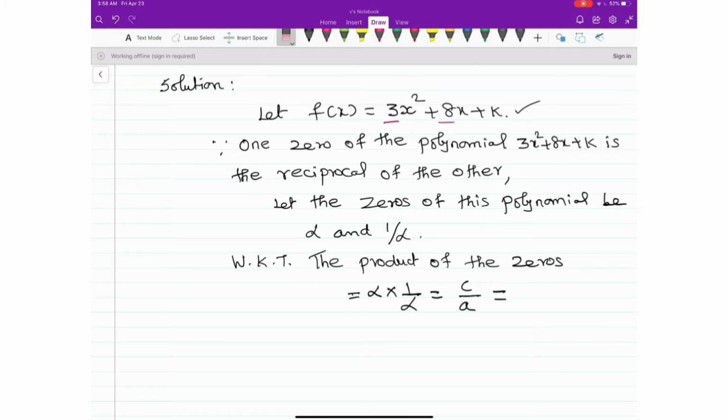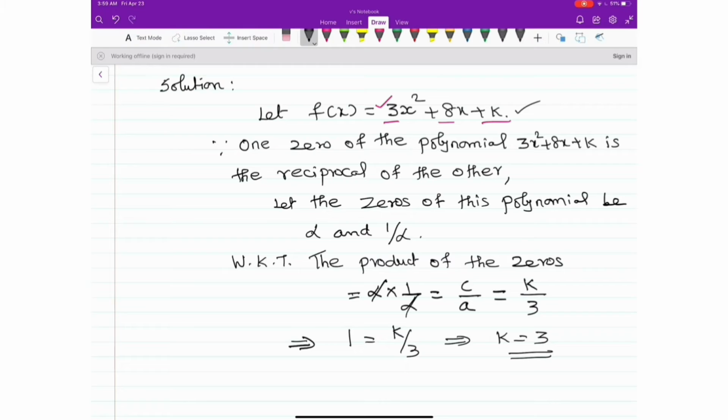Constant term here is k and a is the coefficient of x square, which is nothing but 3. So I can write k by 3. This implies, if you see here, this alpha and this alpha will get cancelled. I will be left with 1. So 1 is equal to k by 3. This implies k is equal to 3.